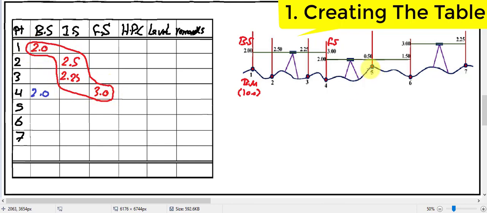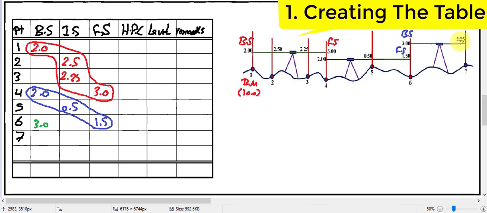For point 5, it's an intermediate sight, so we will put it in the intermediate sight column. For point 6, we have 2 readings, the foresight of the second setup and the backsight for the third setup. So we will put here 1.5 in the foresight column and 3 meter in the backsight column. And to differentiate between the setups, we will determine it in a closed line like this.